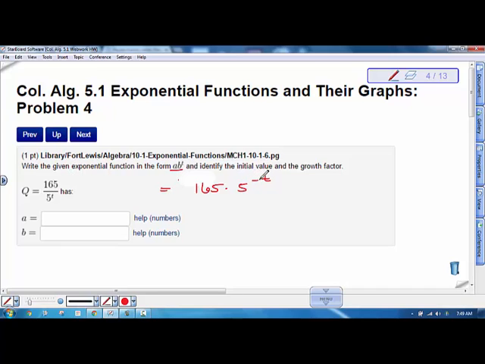Then I can take this 5 to the negative 1, so I can write this as 165 times 5 to the negative 1 raised to the t. So I'm separating that negative sign from the t. Then I'll do 165 times 1/5, moving this 5 to the negative 1 to the bottom. Now I have it written in a b to the t form, where a is 165, b is 1/5.